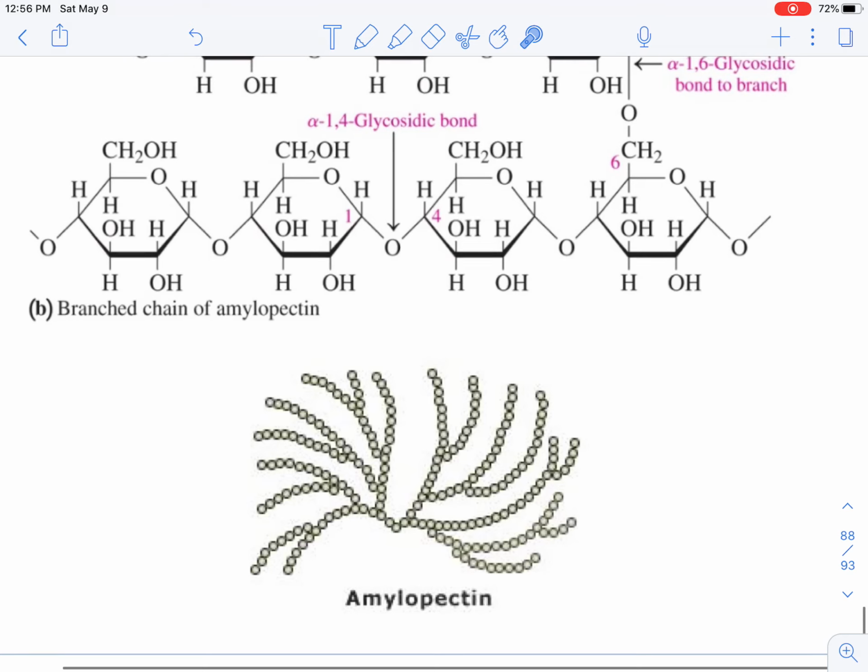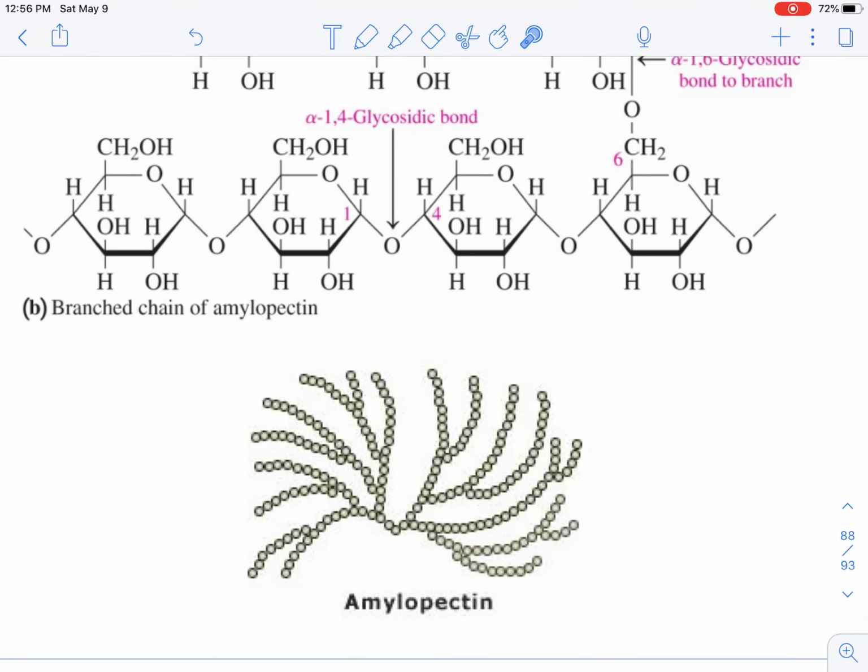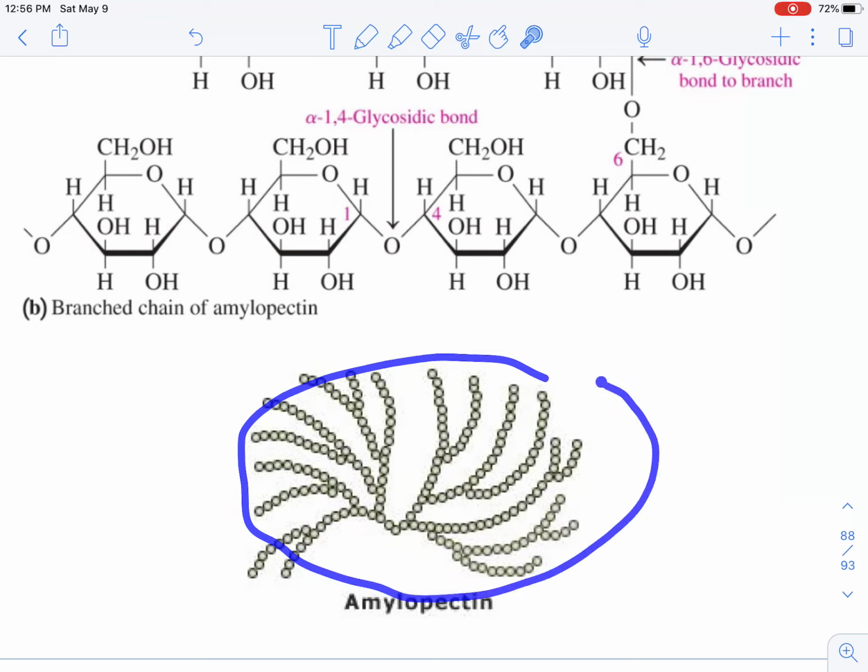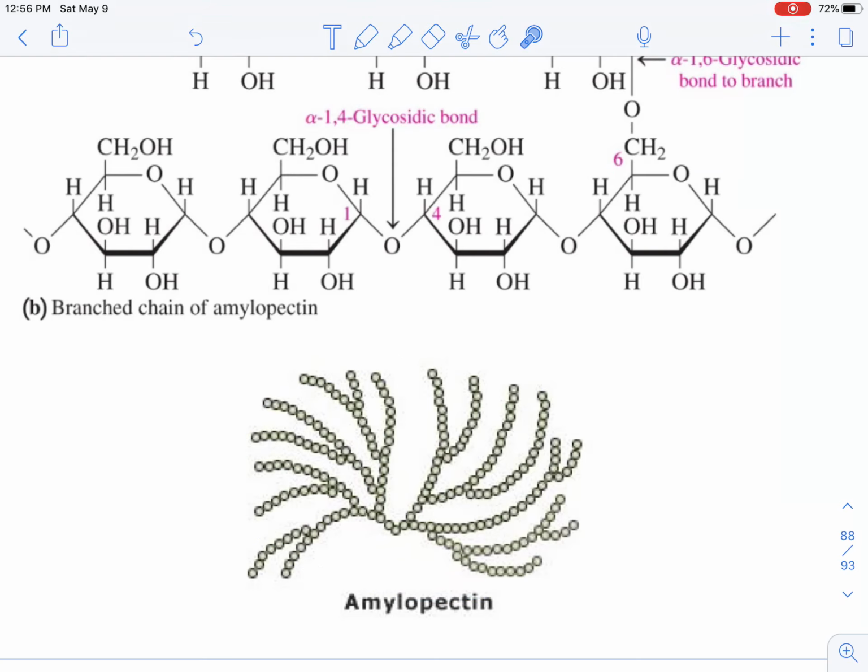And so overall, if we take a step back and create a cartoon image of what amylopectin looks like, it looks like this. There are many branching points, and that's going to allow many different types of enzymes to attach onto it and degrade it, if you will.